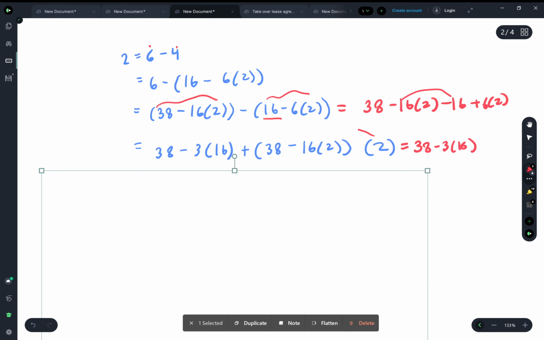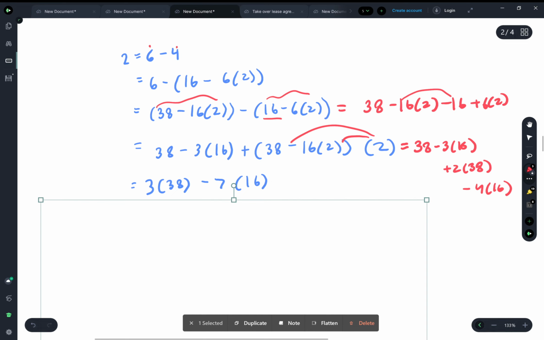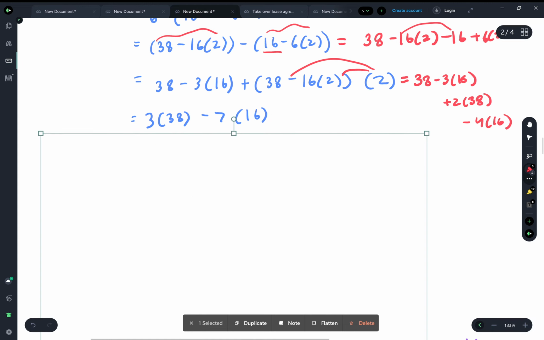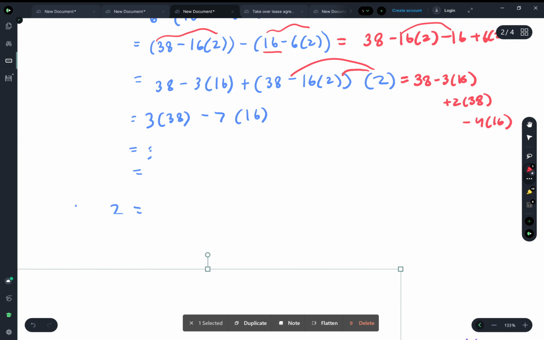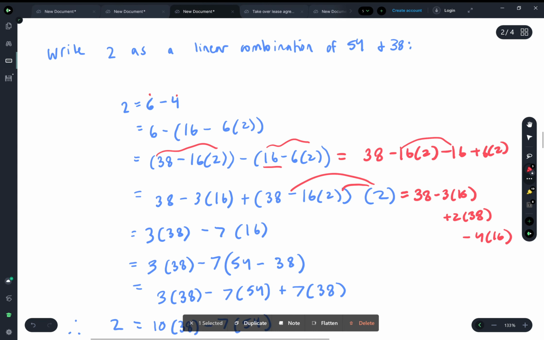Then we distribute this 2: 38 minus 3 times 16 plus 2 times 38 minus 4 times 16. Combining, we have 3 times 38, and a negative 3 times 16 and a negative 4 times 16, which gives a negative 7 times 16. Now we can replace the 16 with what we have up here, which was 54 minus 38.